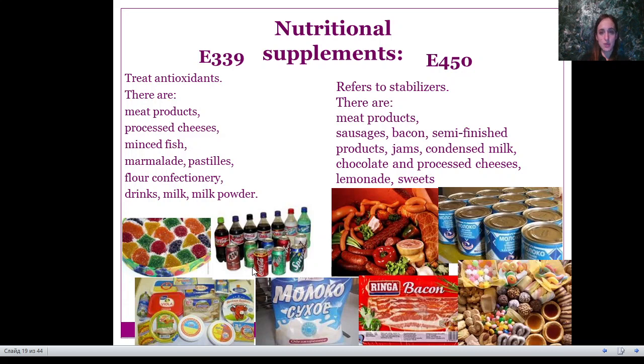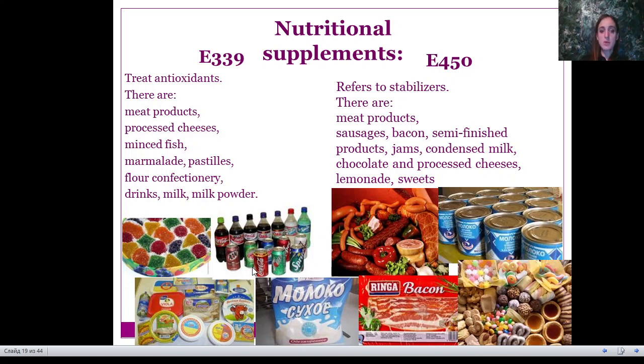We need to read the different additional things in these products. And for example, here you have nutritional supplements such as E339 and E450.